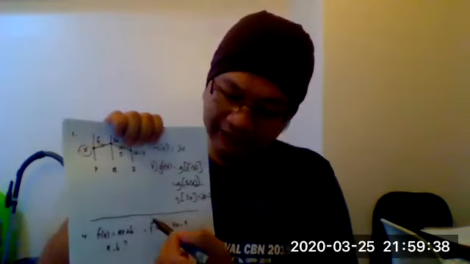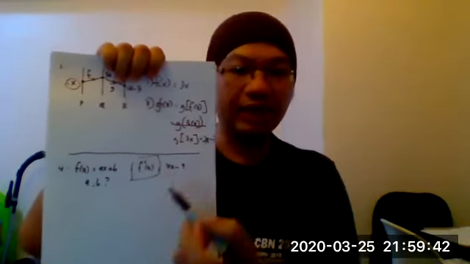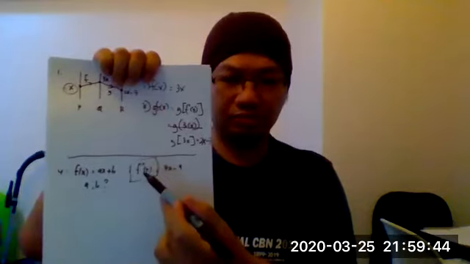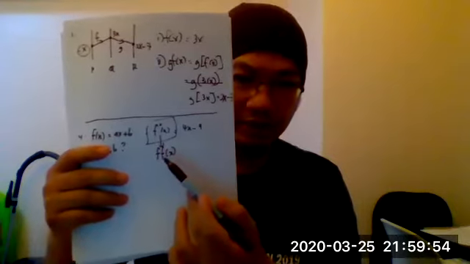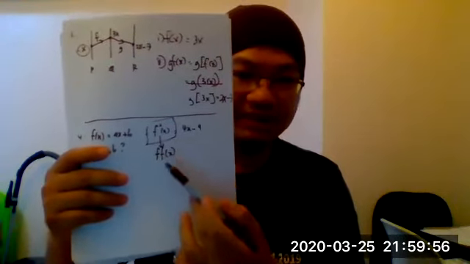Alright. First thing is, what is meant by f2x here? F2 bracket x here, that means it's a composite of repeated f like this. That means f composed with f. This is what we call composite.